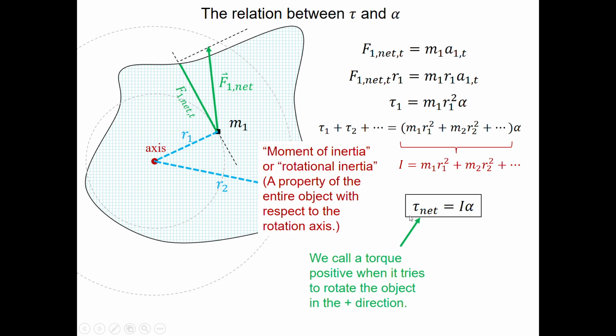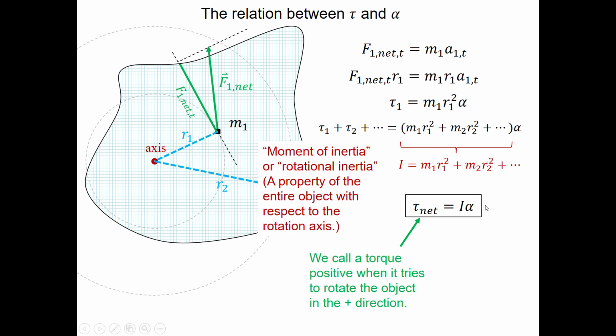In this case, there are signs that are important here. We don't want to mix up the minus signs between the left-hand and the right-hand side. So we're going to call, again, a torque positive when it tends to rotate the object in the positive direction. And alpha, of course, is positive if, well, we've talked about when alpha is positive. If the object is speeding up in the positive direction, that's a positive alpha.